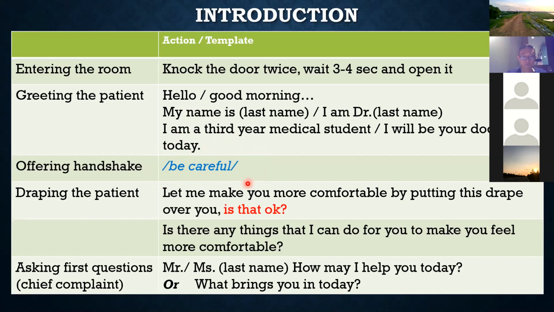Okay. Or you can use the other hand. Okay. And remember the first rule: ask for permission. Is that okay? Okay. And then you go to the first question. It means you ask the chief complaint of the patient, and then go on with the entire history.